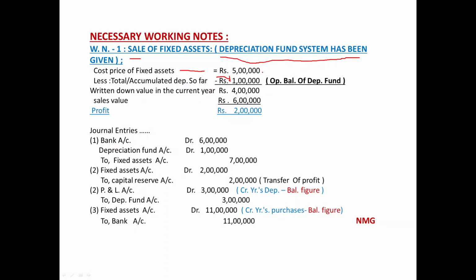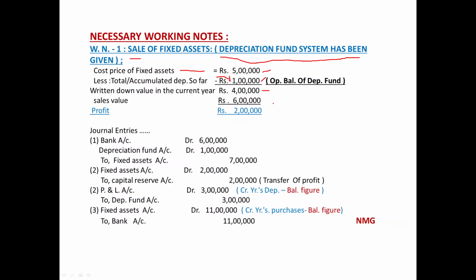So original cost 5 lakh, total accumulated depreciation so far, the depreciation collected over these many years, which you get as the opening balance of the depreciation fund, 1 lakh. Deducted, that gives the written down value in the current year, 4 lakh.